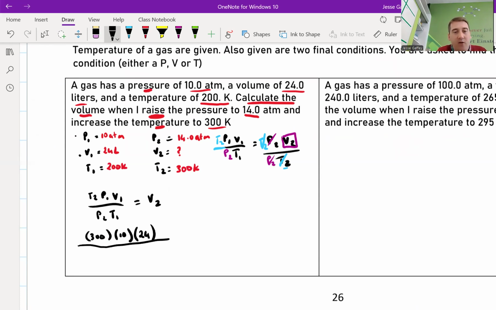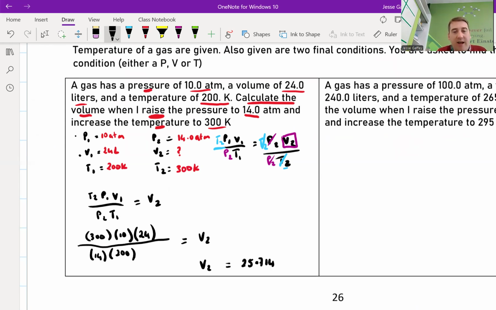All that is over P2, which was 14, and times T1, which was 200. Right, so I'm going to put that in my calculator, and that's going to give me V2. What you should have got here is 25.714.